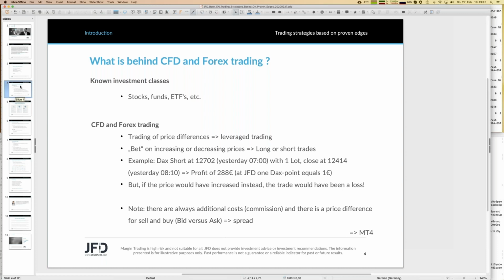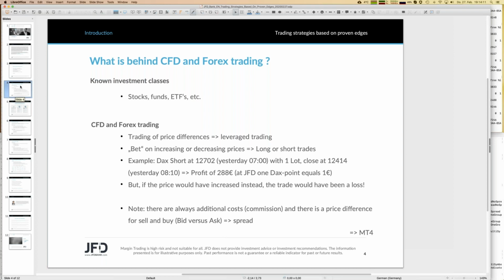But the good thing is, if you trade CFDs or if you trade Forex, then it's always scalable. So there's no minimum fee like you might have when you buy stocks at your bank. It scales with the lot size, linear. So there are no base fees or something like that. So that's the one thing.